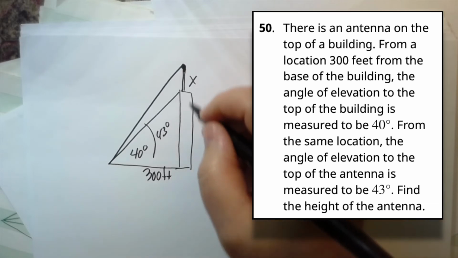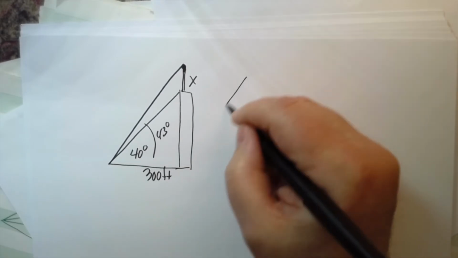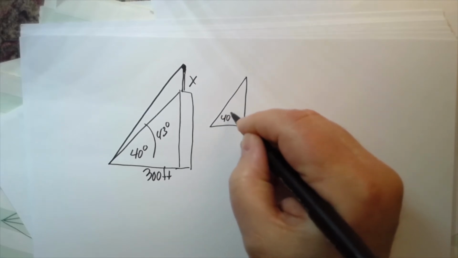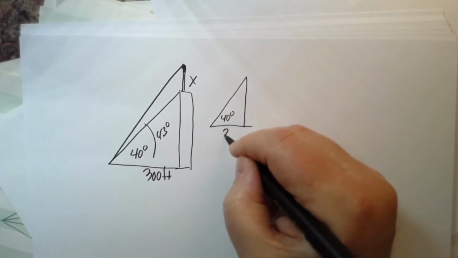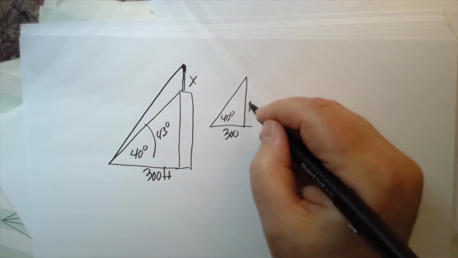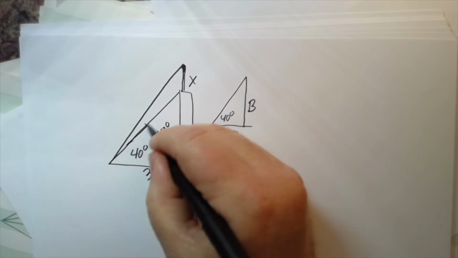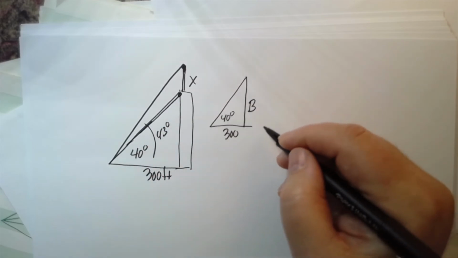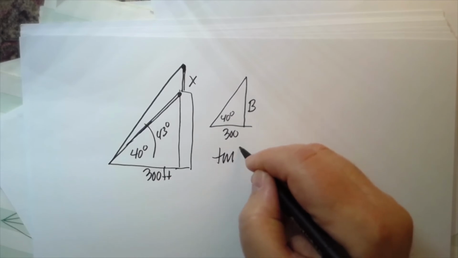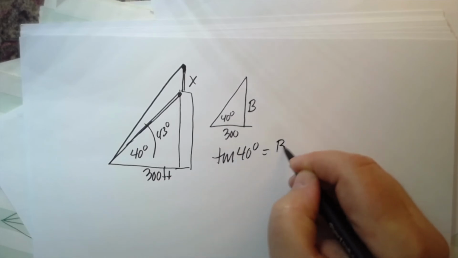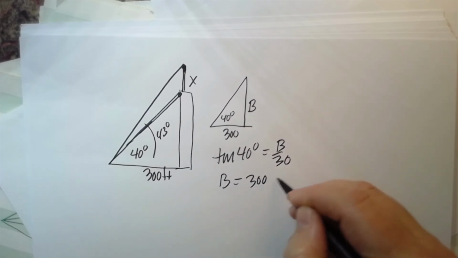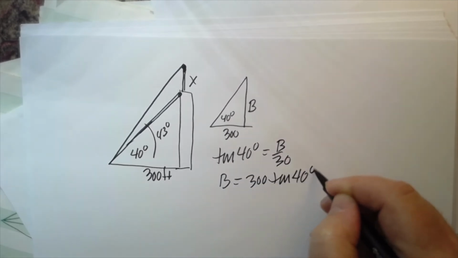What we do know, again, is this is just two triangles. Here's one with 40 degrees, and this is 300. So we could find this height. Let's call it B for the building, because that's the height of the building, and that would be the opposite side. The tangent of 40 degrees is B over 300, so the height of the building is 300 tangent of 40 degrees.